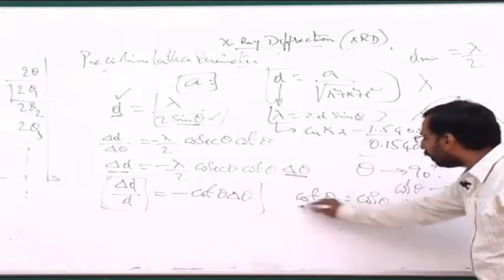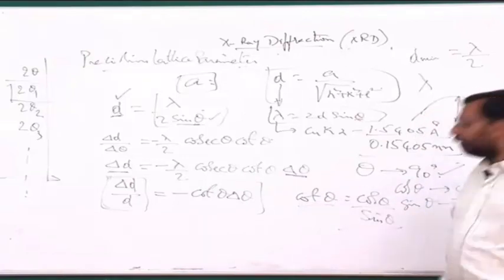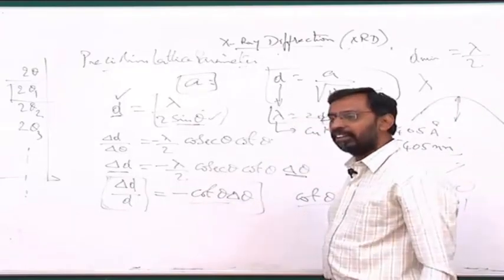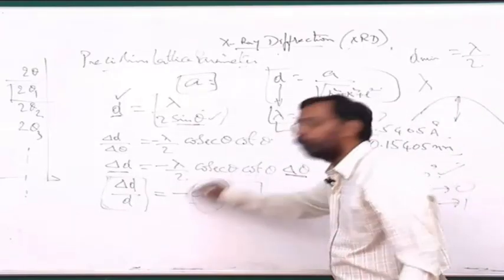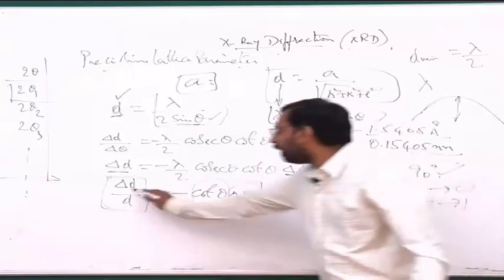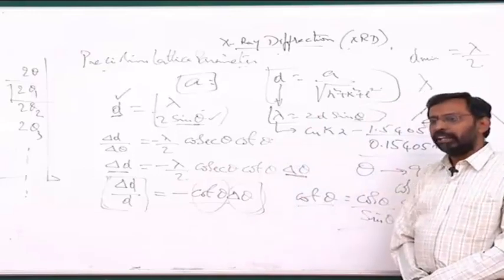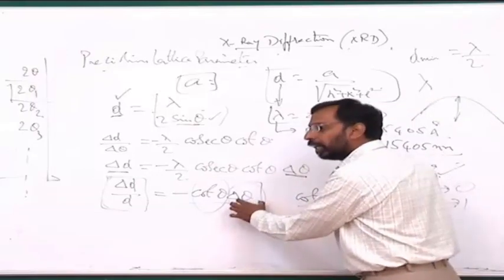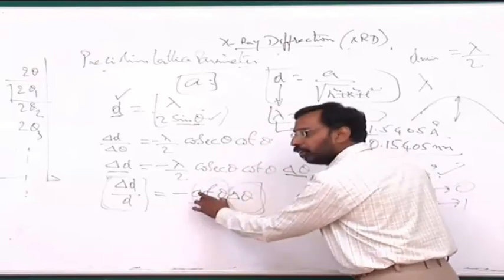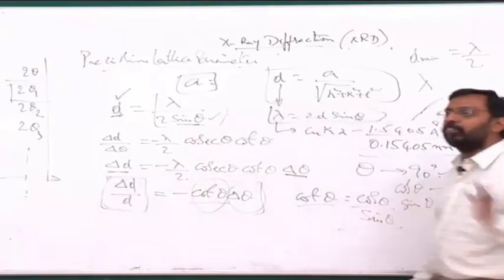That means cot theta tends to 0 as I go to 90 degrees. So that is what it tells you: at large angles, because this is 0, whatever may be the error that you have in theta, the error in d will be 0. Irrespective of the error in delta theta, at theta equal to 90 degrees, because this part is 0, this will be 0. So this is the principle that we use.